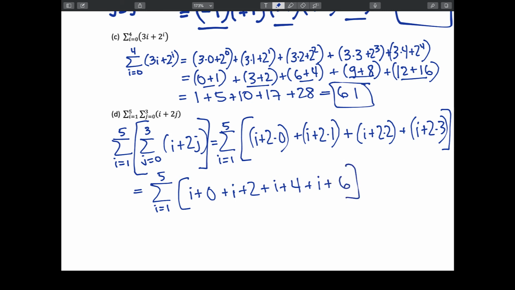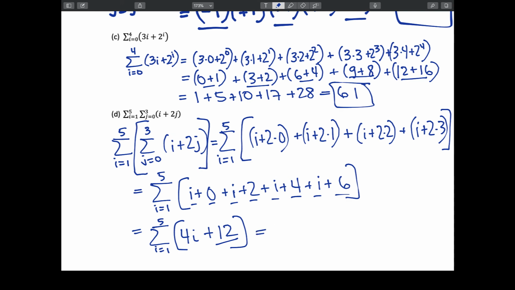And we can combine those terms. So we really have a sum, i equals 1 to 5 of 4i plus, there's 0, 2, 6, 12. But we can break that down, right? And in fact, what we see is we're just going to add up 12, 1, 2, 3, 4, 5 times.